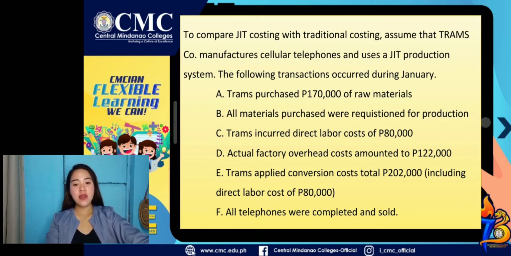C, Trumps incurred direct labor cost of 80,000 pesos. And D, actual factory overhead cost amounted to 122,000 pesos. And E, Trumps applied conversion costs totaling 202,000 pesos, including direct labor cost of 80,000 pesos. And F, all telephones were completed and sold.